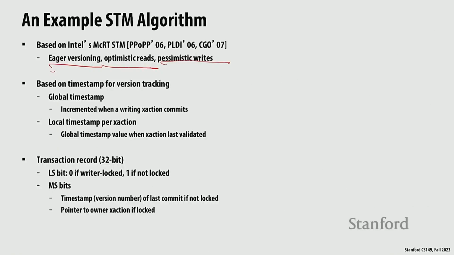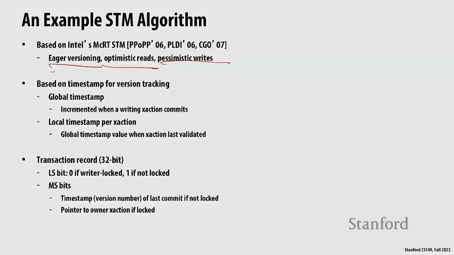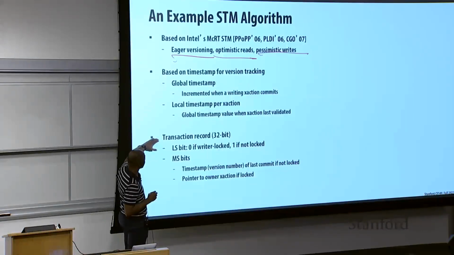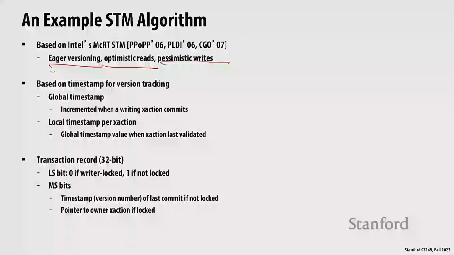And then there's a local timestamp which gets stamped on the transaction when it begins, okay? And this will be used for determining whether conflicts happen on data.